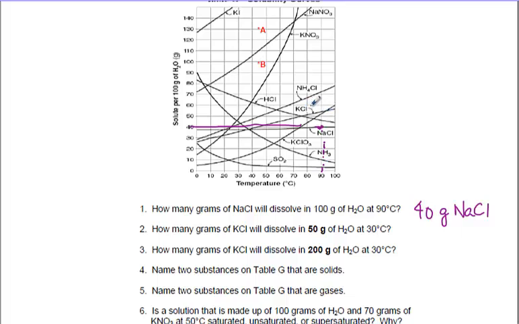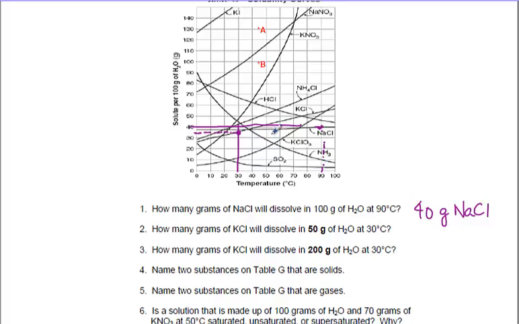We go to 30 degrees and bring this line up until we intersect KCl, and then we bring it over. It looks like we're going by tens here, so we're a little under 40. I would say approximately 35, just to be safe. So we're making an estimation.